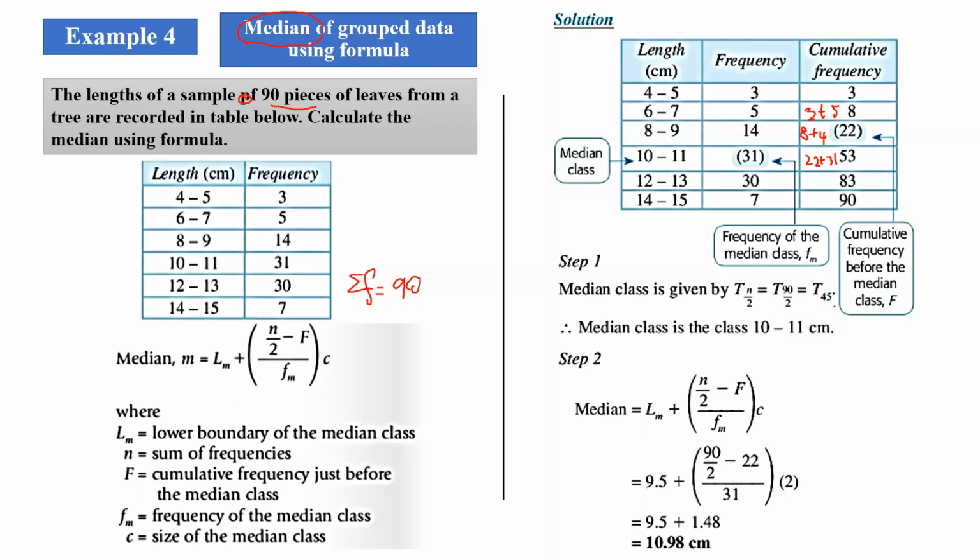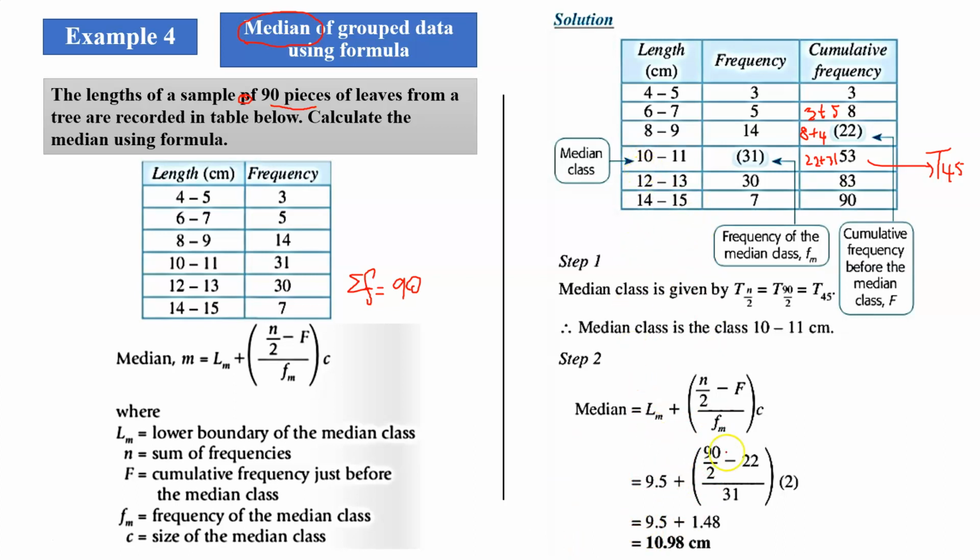Where does the 45th fall in the cumulative frequency? 45 tu jatuh dalam sini kan? This is the 45th over here. Okay, sentiasa ambil yang lebih, jangan ambil yang kurang. So the median class is this, 10 until 11. Wait, that is not the final answer. Belum lagi. You just identify your median class.